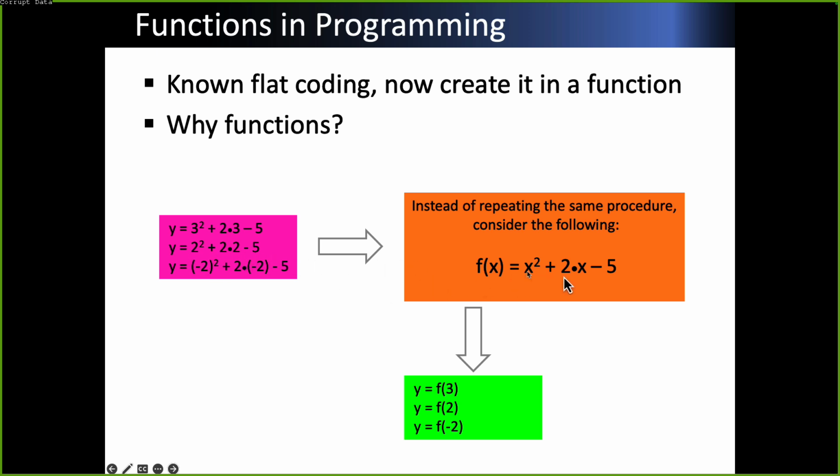So depending upon the x, there will be a different equation to compute. And we call this function of x. This is the definition of a function of x. The way we invoke this function is f of x.